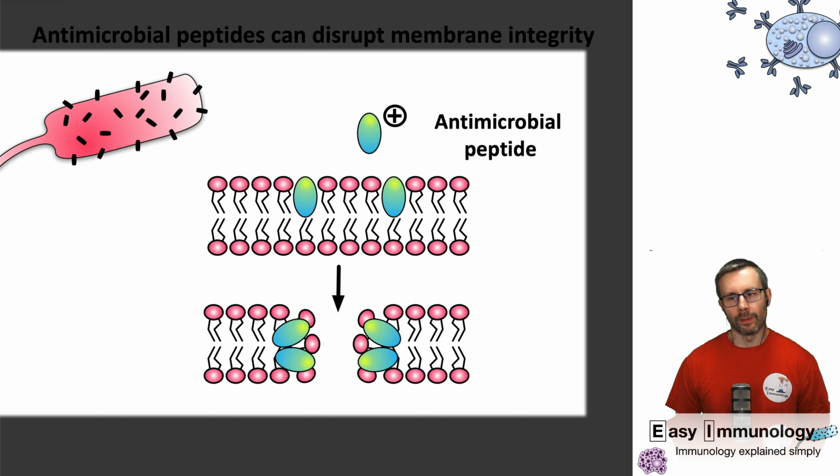So one part of the protein is very positively charged because there are amino acids that have a positive charge because of their side chain. And then there is a part that is not so positively charged.